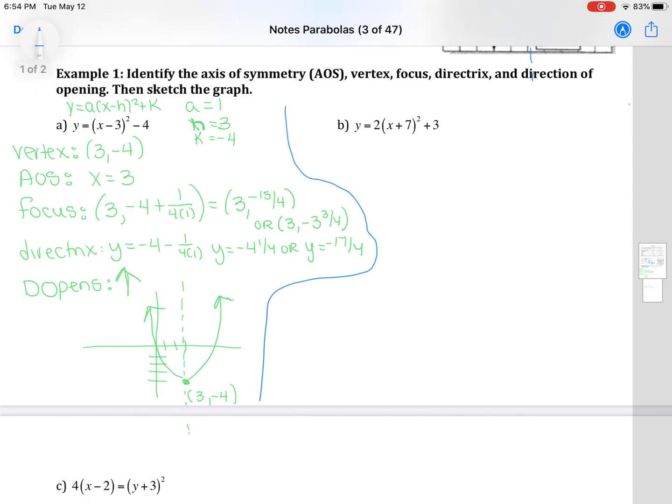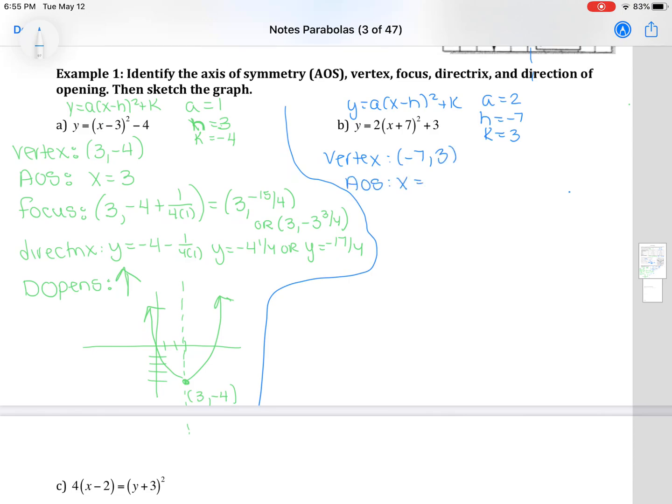All right, one more on page 1. Let's do this. All right, so we still are in the y equals, so I'm just going to write the equation up above. So a is 2 in this case, h is -7, and k is equal to +3. So our vertex is h comma k, so -7, 3.